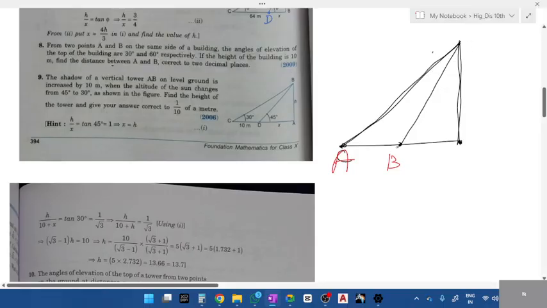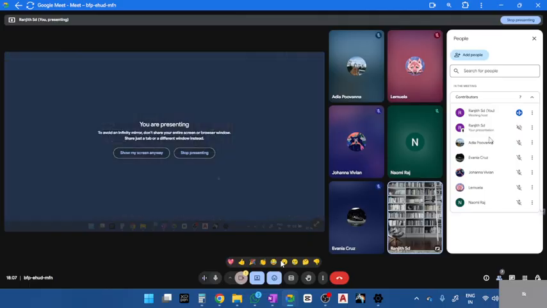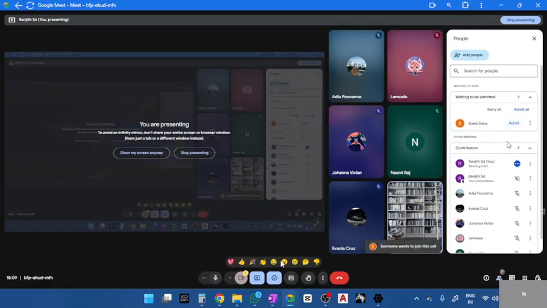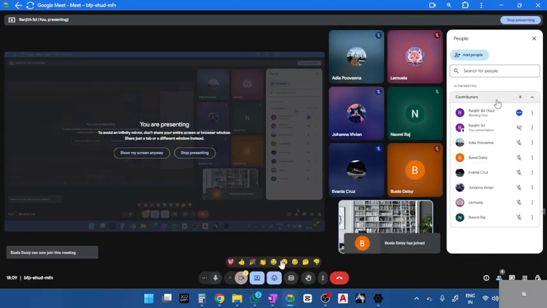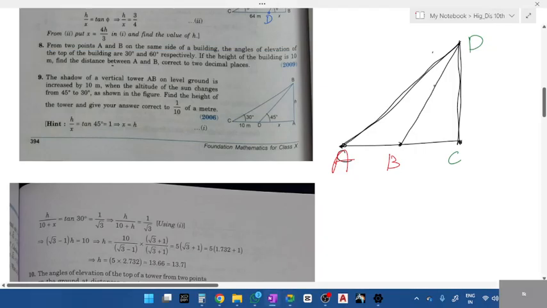On the same side of the building, A, B, C, and we will get D. So A, B, C students, two sides. The angle of elevation at the top of the building are 30 degree and 60 degree. So total how many angles of elevation do we have? Total two. Two angles are formed here, 30 degree and 60 degree.